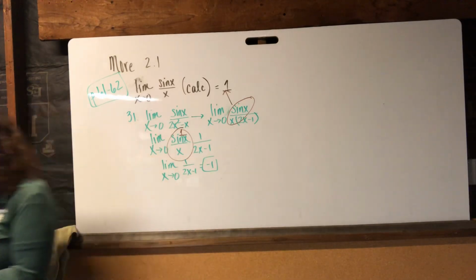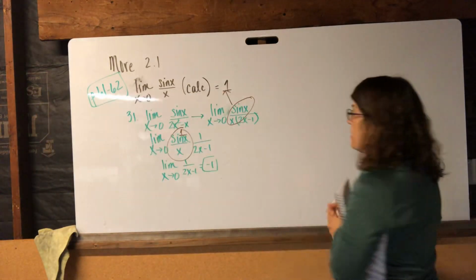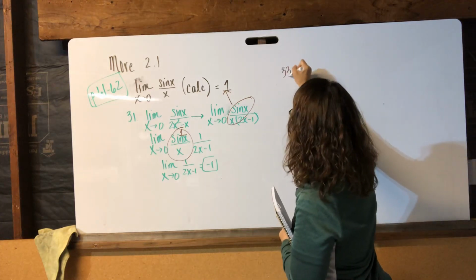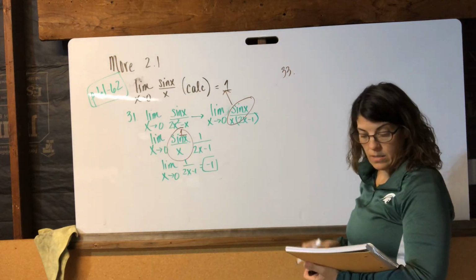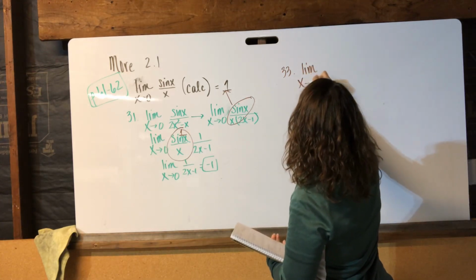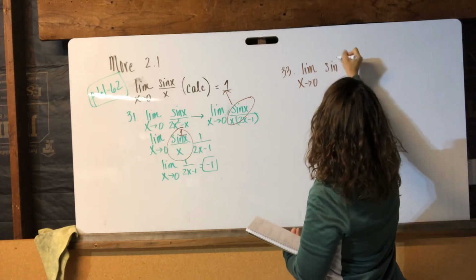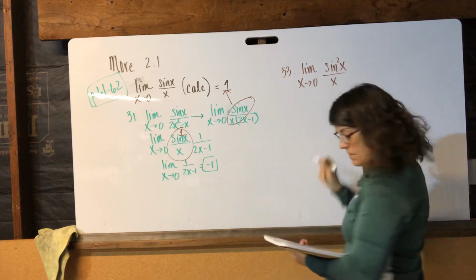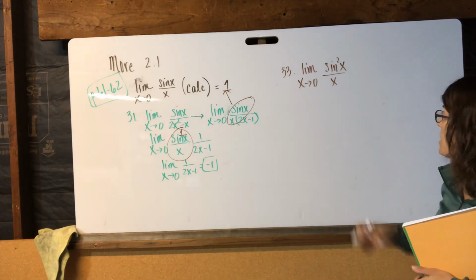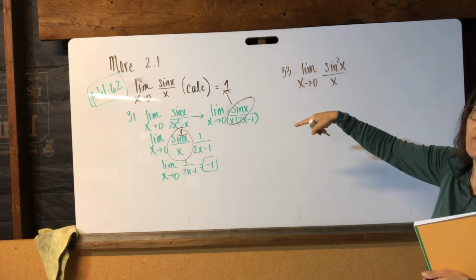All right, let's take a look at number 33. Okay, so number 33, which was the limit as x approaches 0 of sine squared x over x. Okay, so again, this is 33 from the homework. Well, I'm going to do pretty much what I did for number 31.